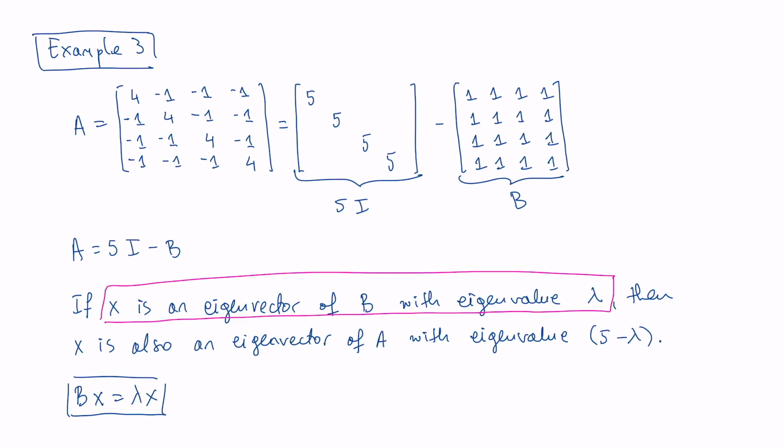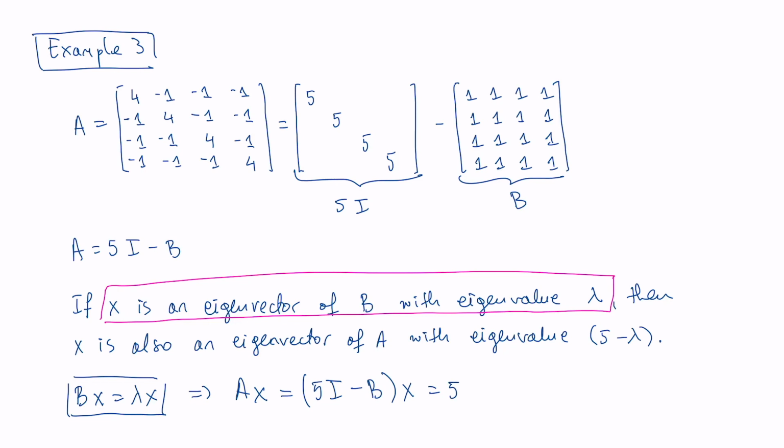Now, how can I check that X is an eigenvector of A? Well, I have to see what A times X is. So I have A times X equals, now A is 5 times the identity matrix minus the matrix B. So I can replace that instead of A and multiply by X. Now I can distribute this multiplication.